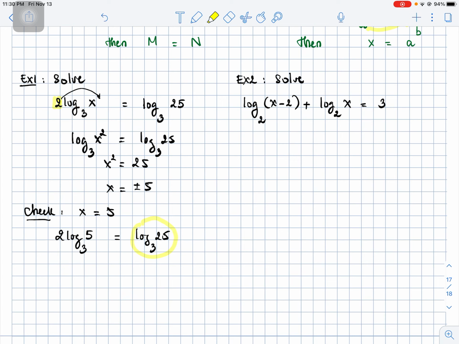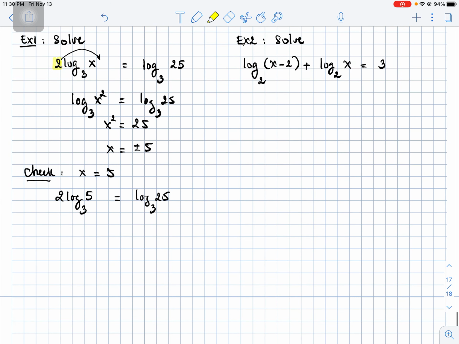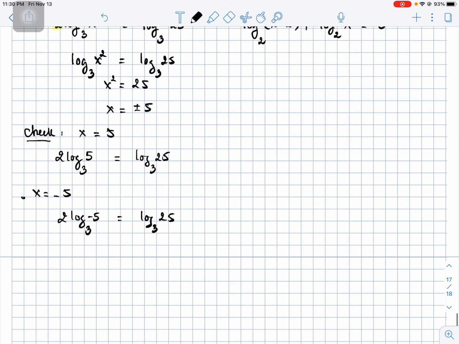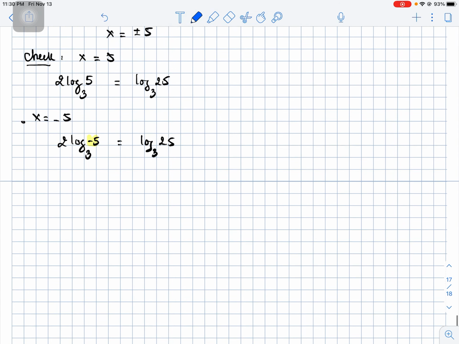We can use the change of base formula we learned in section 8.4, the very last topic, and you can see that they will be equal. And we will check x equal to negative 5. Then 2 log base 3 of negative 5 equals log base 3 of 25. The argument in this case is negative 5.